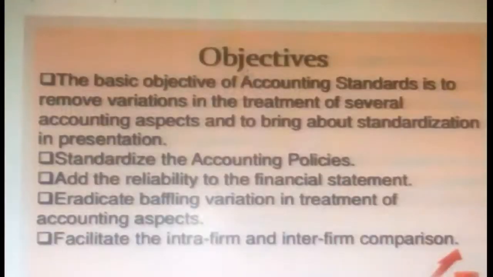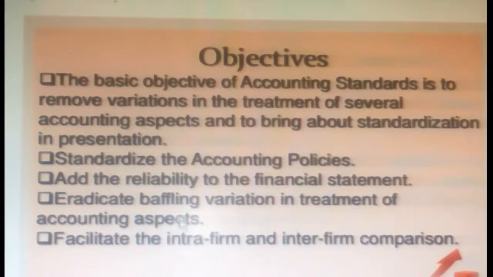Again, the basic objective of accounting standards is to remove variations in the treatment of several accounting aspects and to bring about standardization in presentation, correct. So you have to standardize the accounting policies for the framework, rules and regulations. Okay, so add reliability to the financial statements.